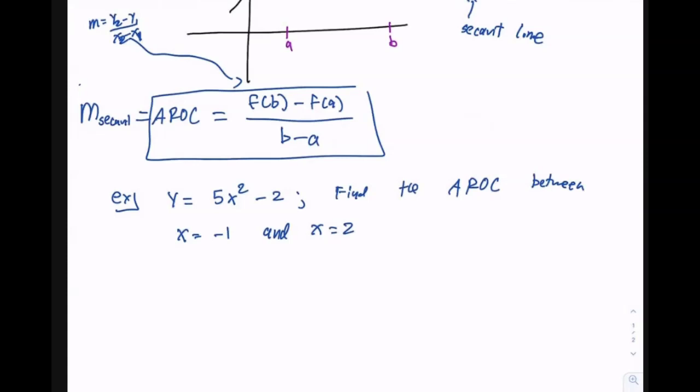Now, in your homework on Delta Math, what's really nice is you'll get to play with the dynamics of the graph, having the point at -1 and the point at 2 and visually being able to see it. You'll also be asked to find the values.